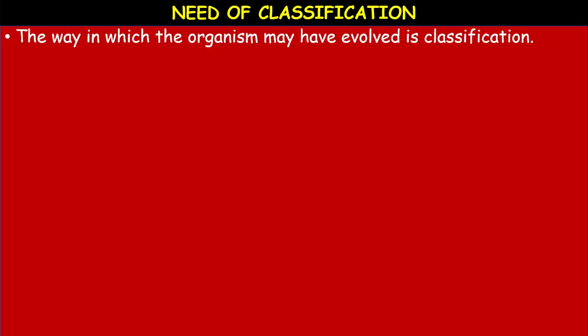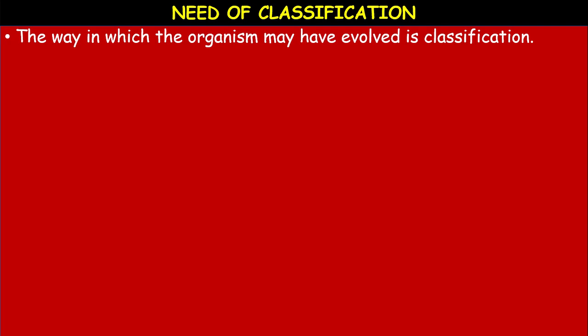Okay, so the need for classification. Why do we need classification? Let us suppose that there is no classification system. Then what happens? Definitely it will lead to a lot of confusion.